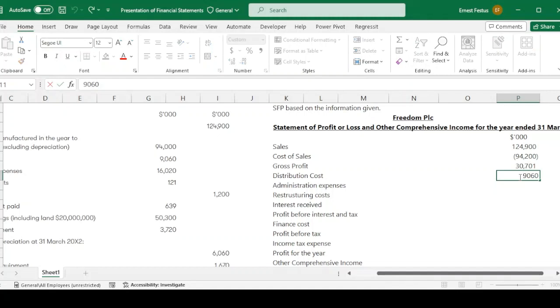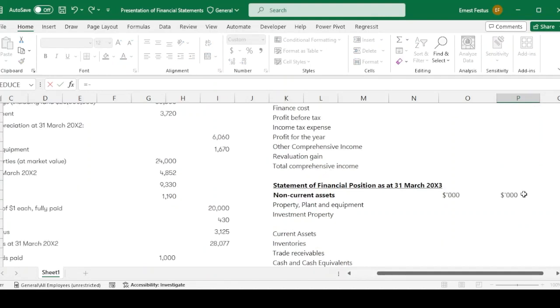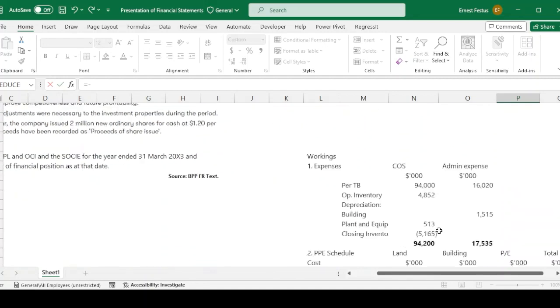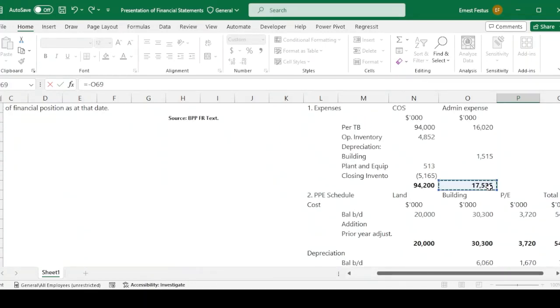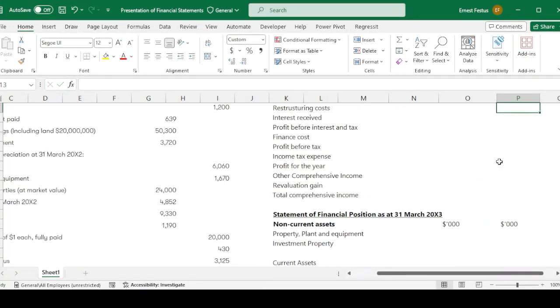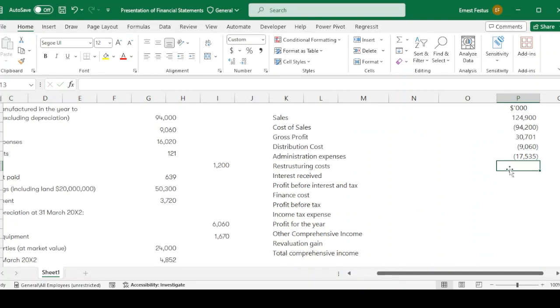So we have negative 60, plus negative admin expenses. So I'll come here and pick my admin expenses of 17,353. I have my negative for restructuring costs, which is 121.